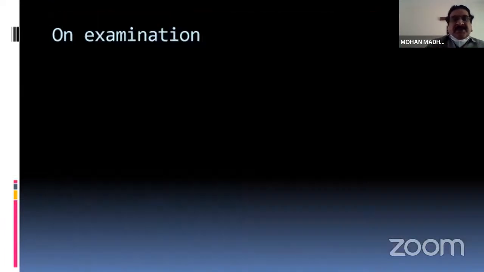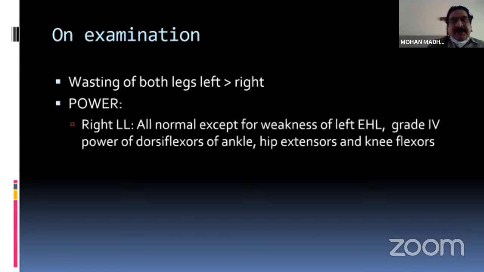Now on examination, wasting of both the legs, more on the left than the right. Power in the right lower limb is all normal except for weakness of the right hip abductors, grade 4 power, with hip flexion, knee extension and knee flexion also grade 4.